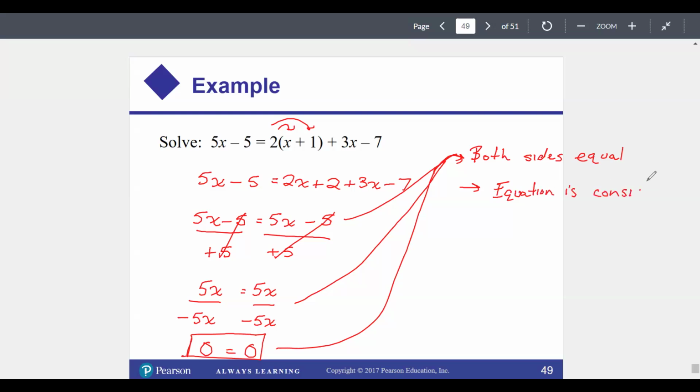It is consistent and it's an identity. And what that means from there is that we are going to have infinite solutions. Or sometimes we say the solution is all real numbers.